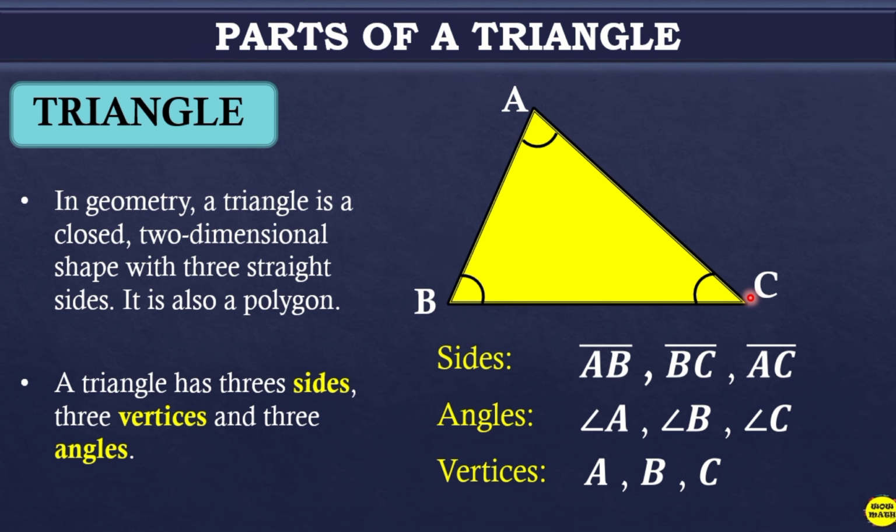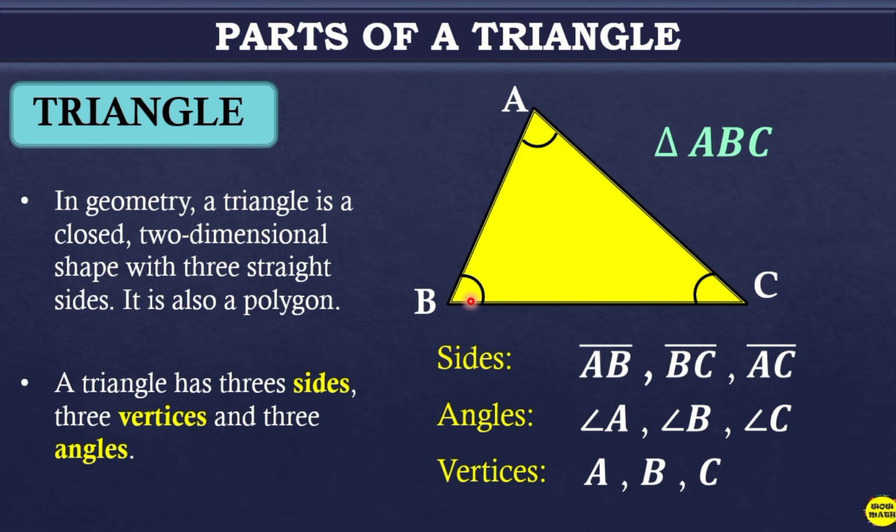Now, how do we name a triangle? We name it using its vertices. What are the vertices of our triangle? We have point A, point B, point C. Therefore, this triangle is named triangle ABC. Can we also call it triangle ACB?